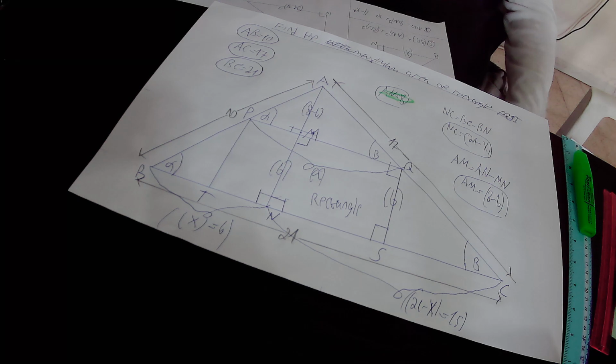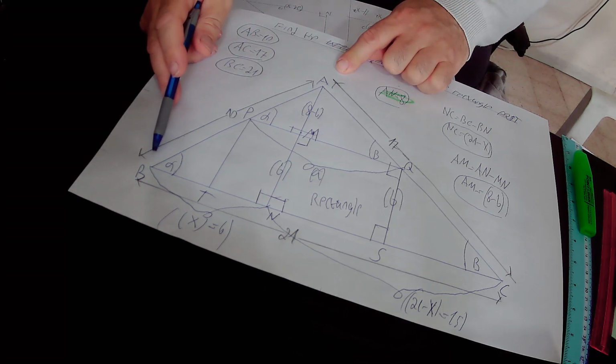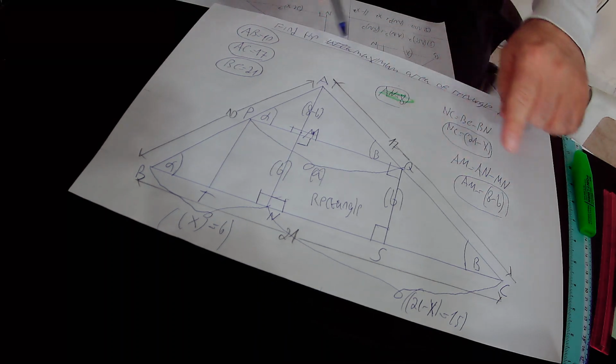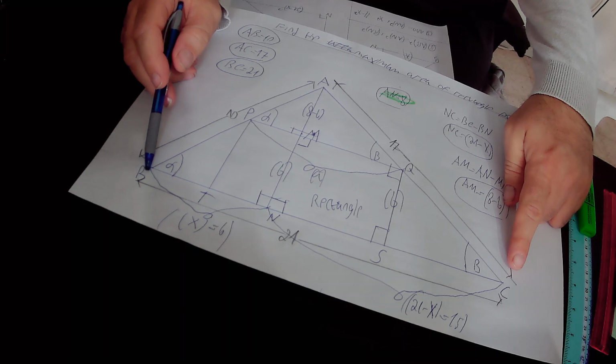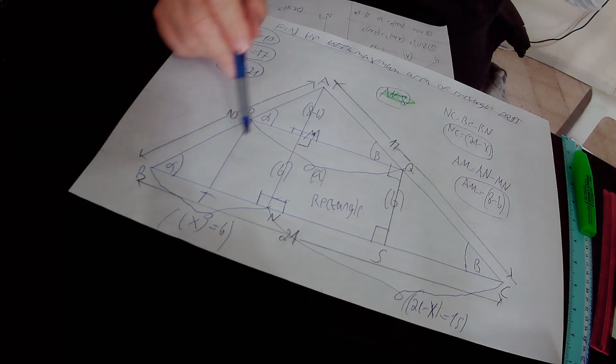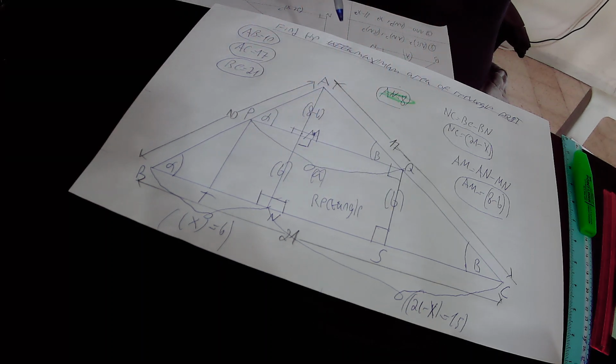In addition, we know that the length of side AB of triangle ABC is 10 units, the length of side AC is 17 units, and the length of side BC equals 21 units. Again, our mission is to find out the maximum area of this rectangle PQST.